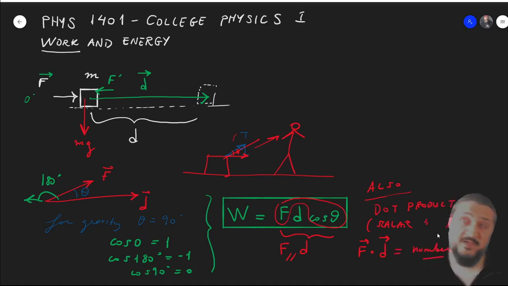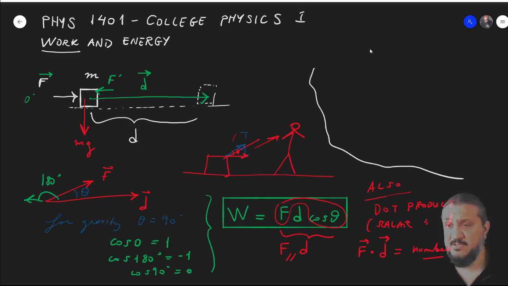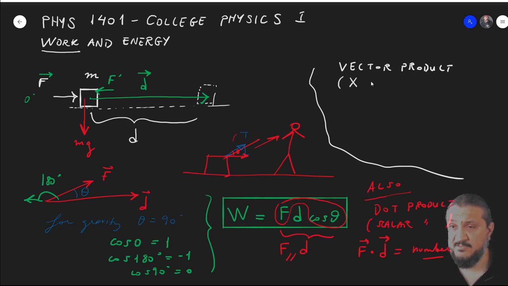Now there's also a vector product, which we'll see later in this course. There's also a cross product, or vector product.